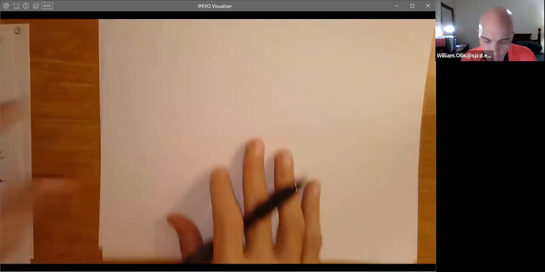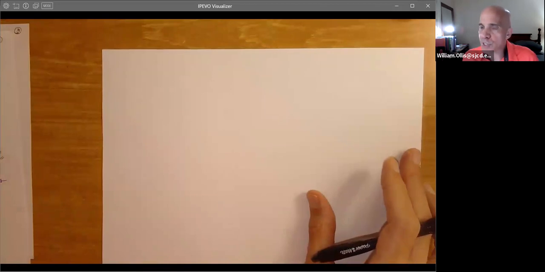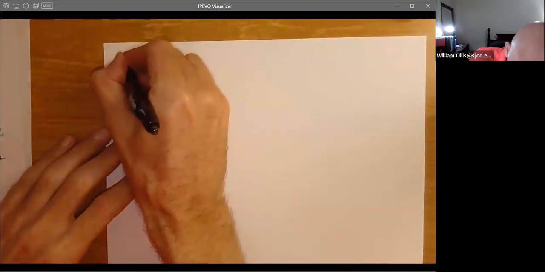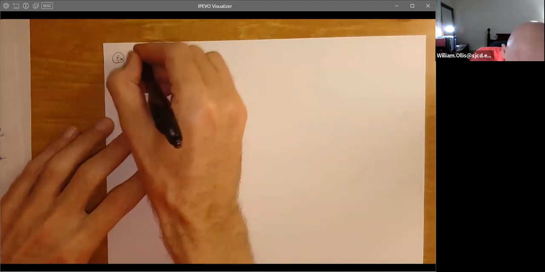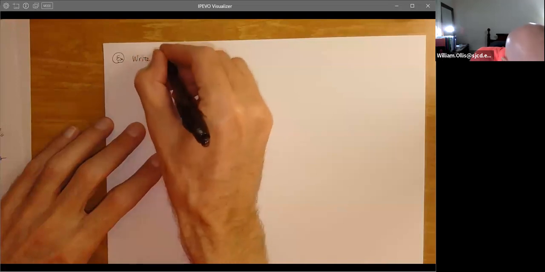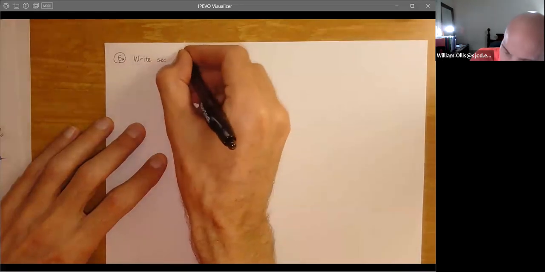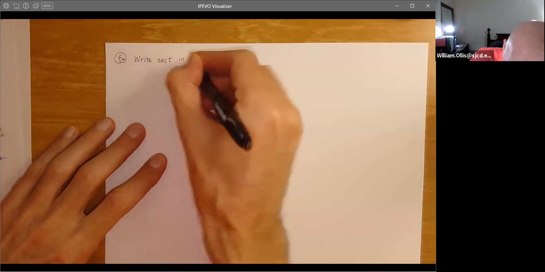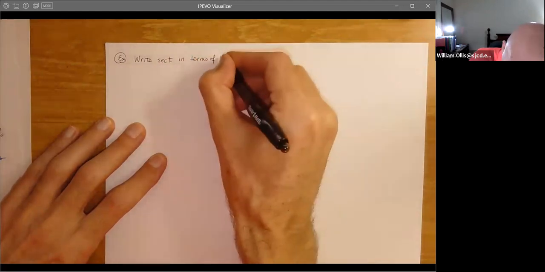So the very first one, and this is what I like about Dr. Stewart's textbook. Here's an example where we can use these Pythagorean identities. We'll do an easy one. Start out with easy: write secant t in terms of tangent t.